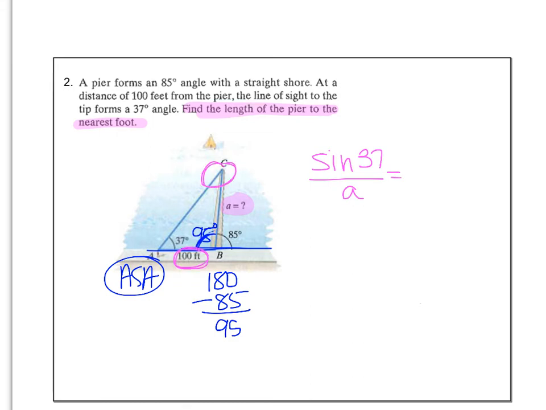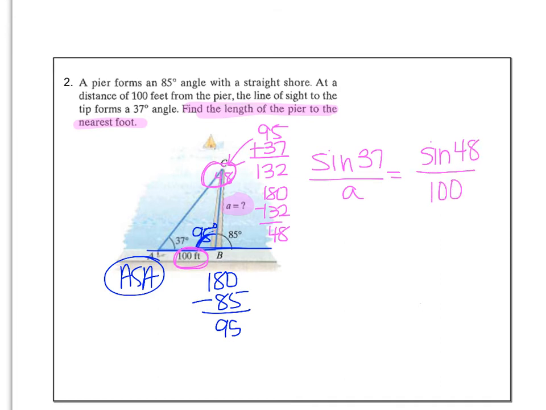I don't have that angle across from 100. You need to find it. So we're going to take the 95 and the 37 and add them together. That is 132. Subtract from 180. It gives me that top angle should be 48. That's the one I have to use in my proportion because the 48 and the 100 are across from each other.